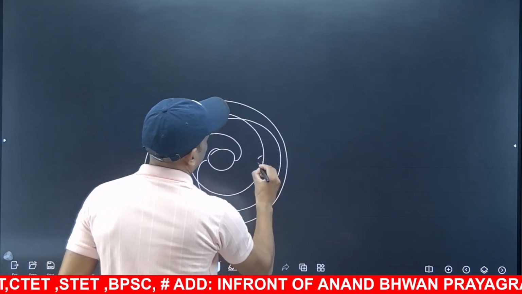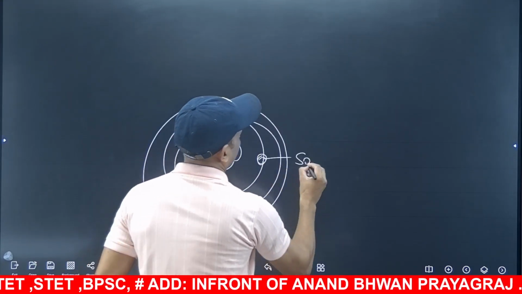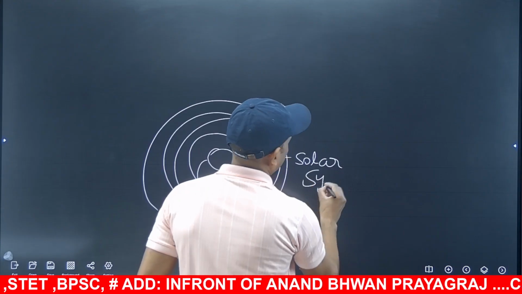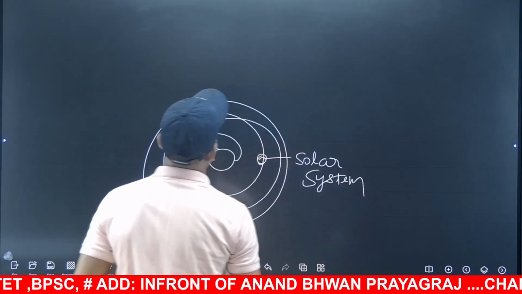For example, this is our solar system in this Milky Way galaxy.